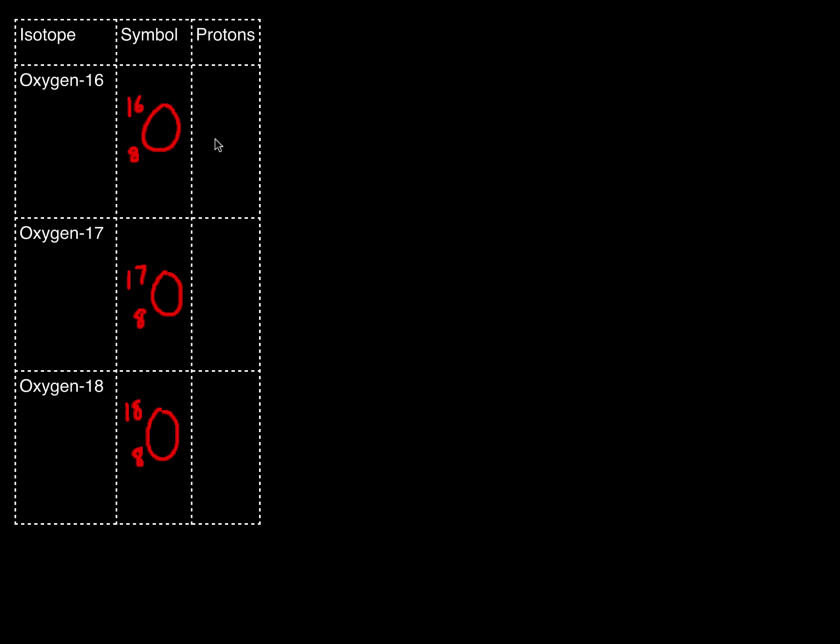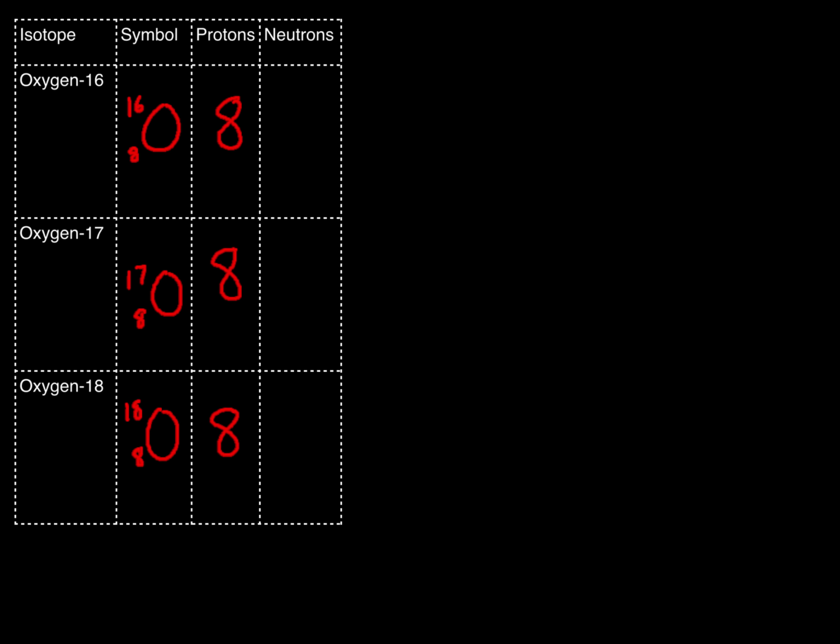In each case, the oxygen isotope has 8 protons. But each oxygen isotope has 1 more neutron. Oxygen 16 has 8 neutrons, oxygen 17 has 9 neutrons, and oxygen 18 has 10 neutrons.